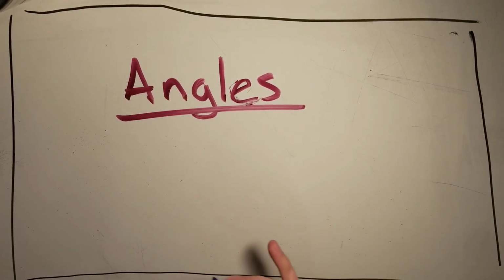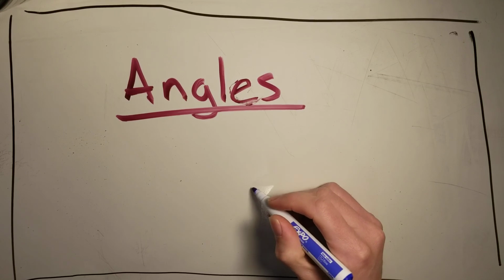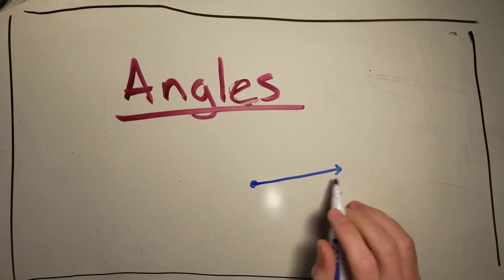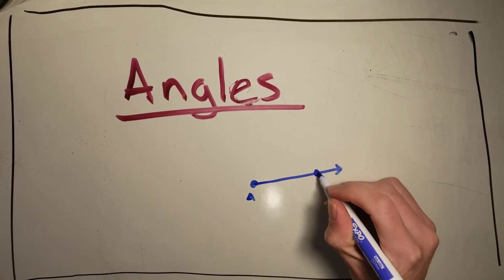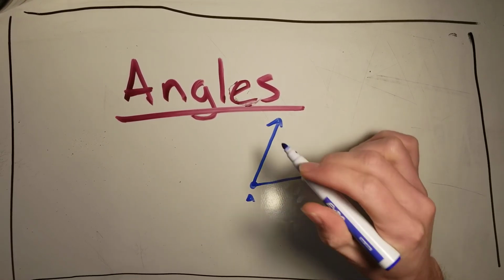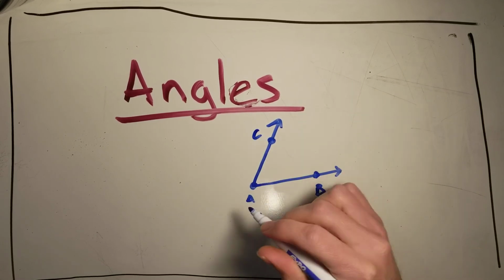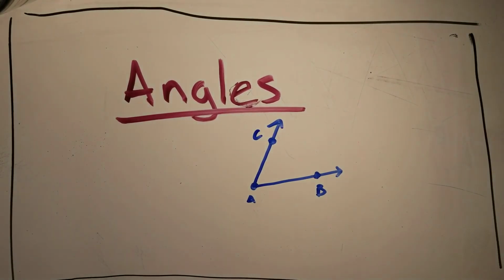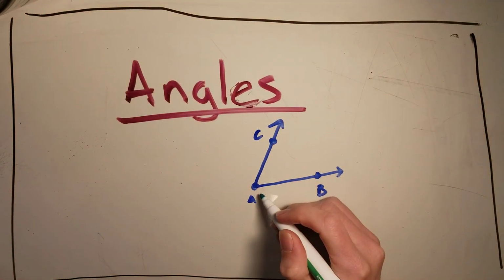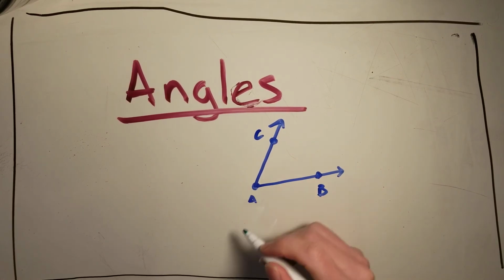So what all that means is, let's say you have two rays, because that's what an angle is going to be made up of. You have one ray here, we'll call it ray AB, and let's say you have this ray right here, we'll call it ray AC. The common point that they share is this point right here. So two rays that share a common point, that's the vertex.